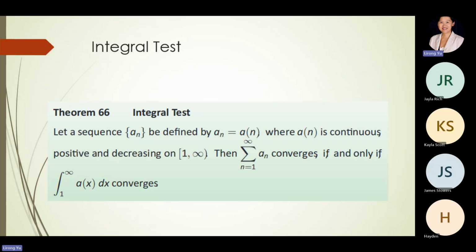This method provides a way to determine if a series converges or diverges. You might ask, why don't we apply it all the time? We actually have a couple of different tests. We cannot apply this one always, for a couple of reasons. Sometimes you will have a function that cannot be defined for all real numbers. For example, factorial.